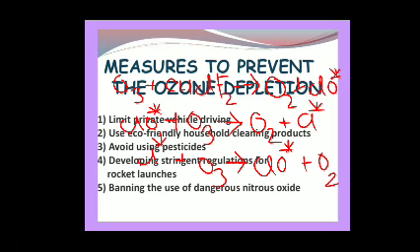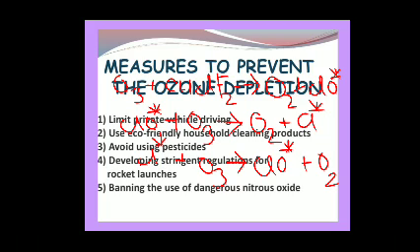Another component entering the stratosphere from jet planes is nitric oxide. NO reacts with O3 to form NO2 plus O2. O3 interacts with sunlight to form O2 plus a single oxygen atom, called nascent oxygen.